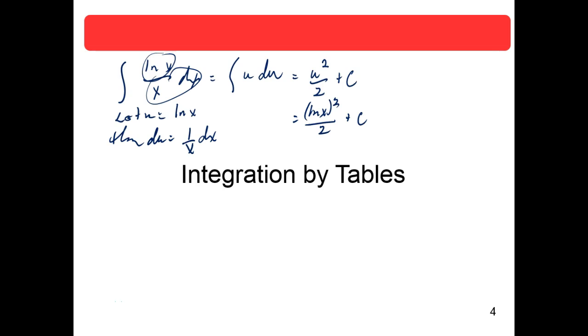All right, how about this one? They love these x's and log x's, don't they? The integral of 1 over x log x dx. What do you reckon you're going to do with that?